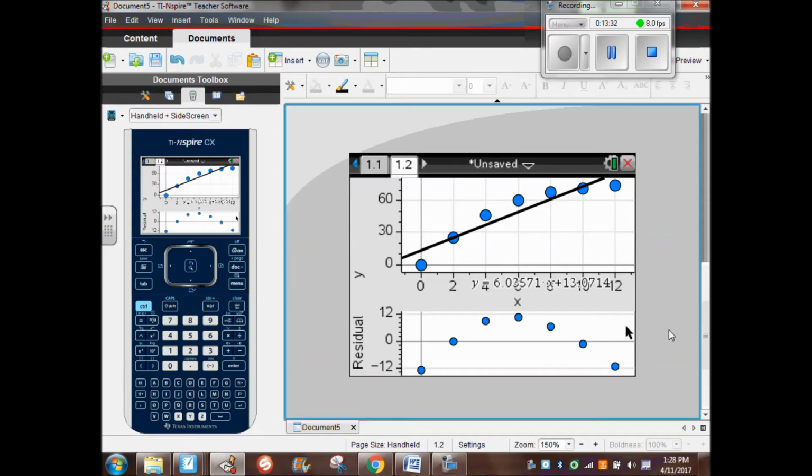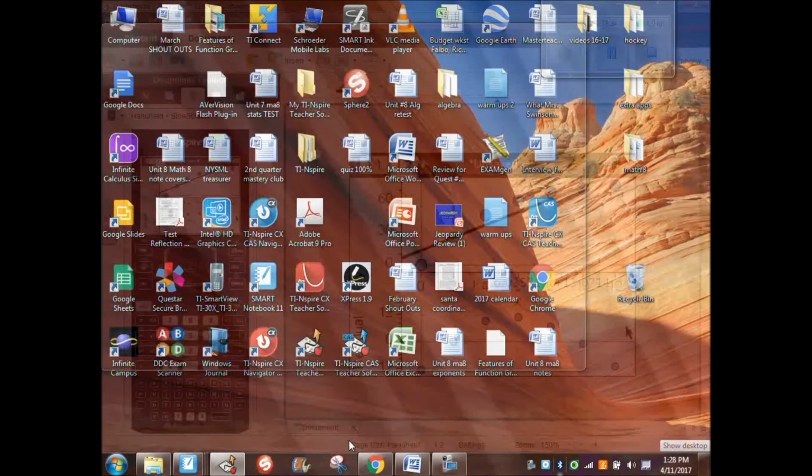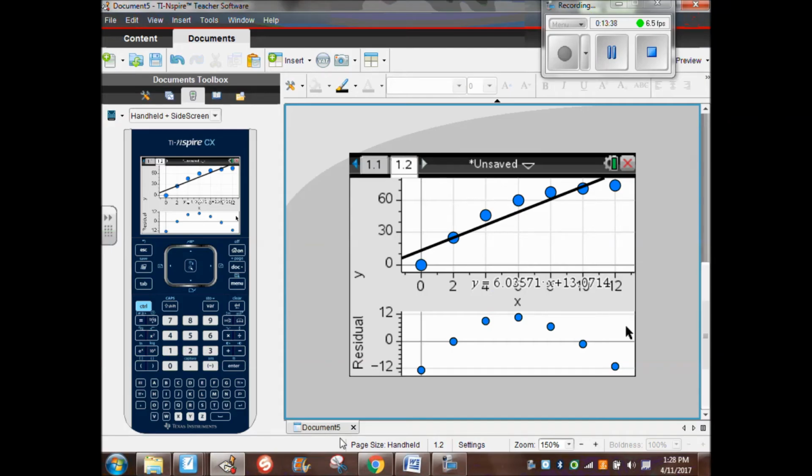Okay, now look at that residual plot. We want to do a sketch of it. I want to produce this sketch of this residual plot on my paper.